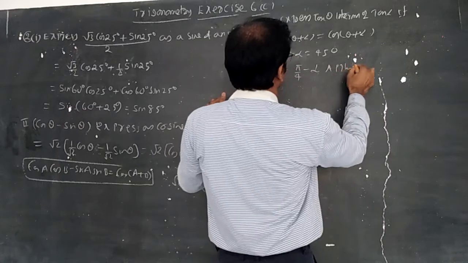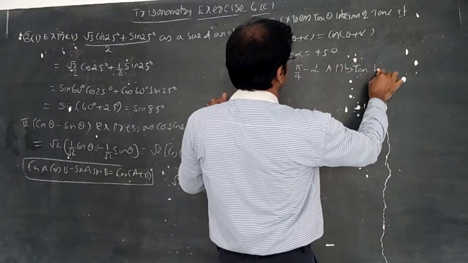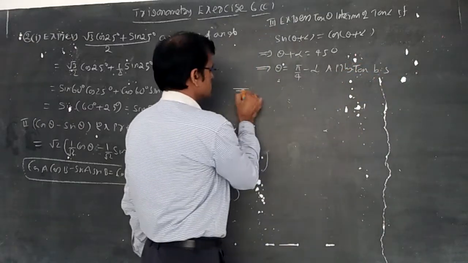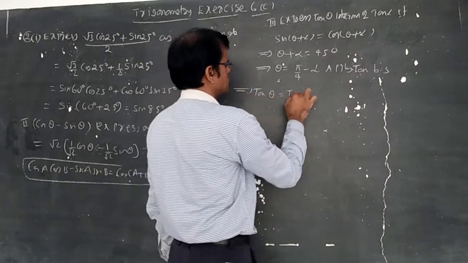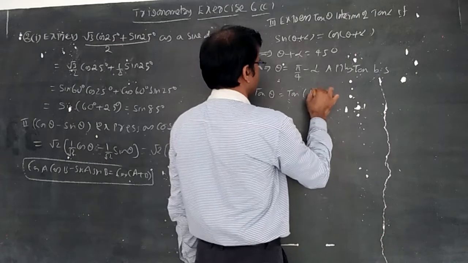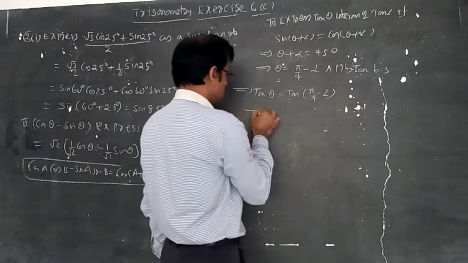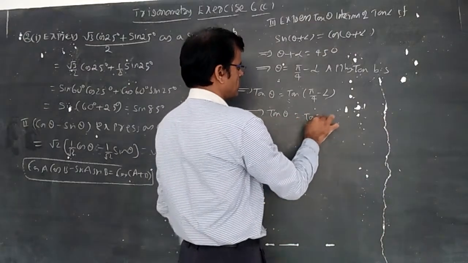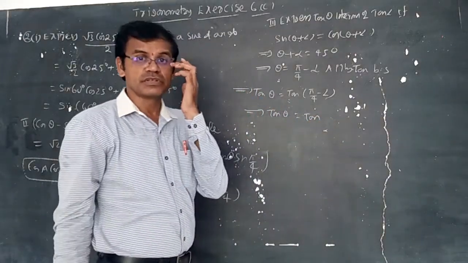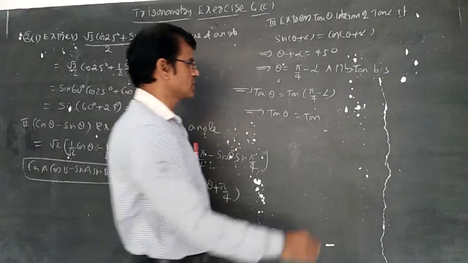Now apply tan on both sides. That implies tan theta is equal to tan of pi by 4 minus alpha. Write the formula tan of a minus b, which is tan a minus tan b by 1 plus tan a tan b.